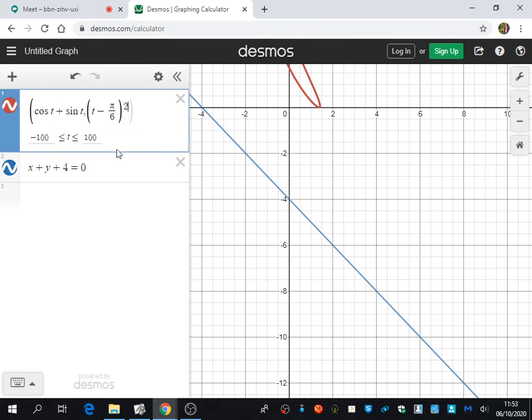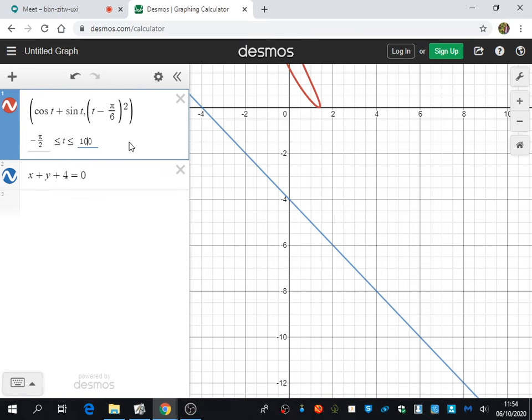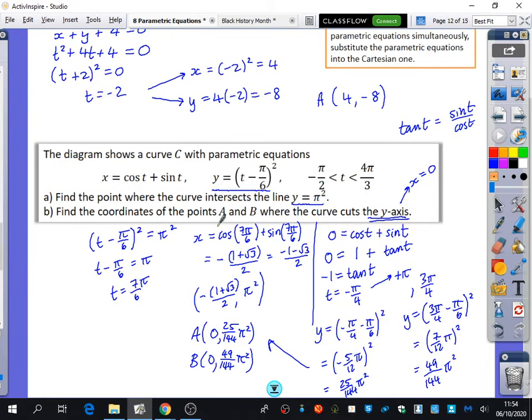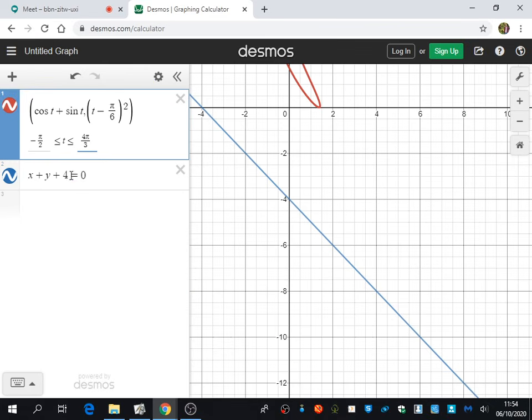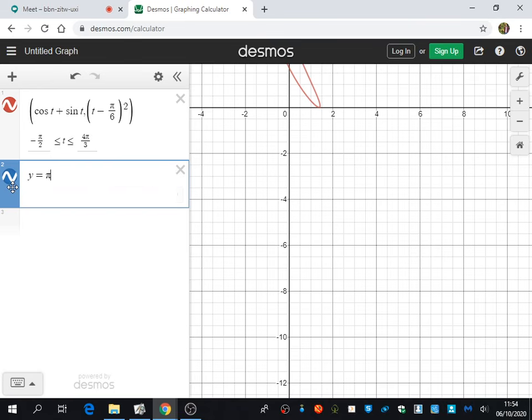And t is between minus pi over 2 and, is it 4 pi over 3? And we wanted to first of all find out where it crossed the line y equals pi squared.